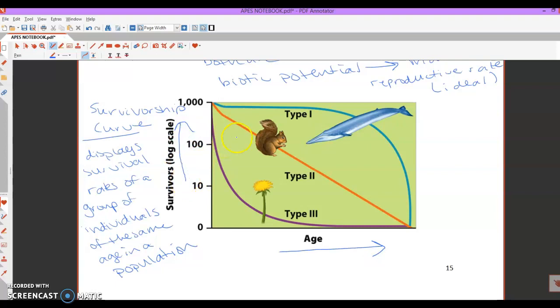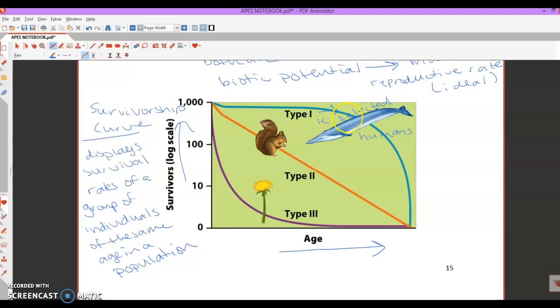Okay, so what this shows us is a blue whale has a really long life. Okay, but the older they get, there's a sharp decline in the survival rate. So you could put humans here as well. Okay, they have a pretty extensive long life, so they live to be pretty old. And then there's a sharp drop off when they reach that advanced age. Okay, so that is what we call type 1 species. So type 1 species would be our K-selected organisms.